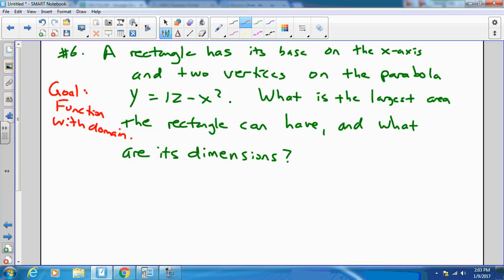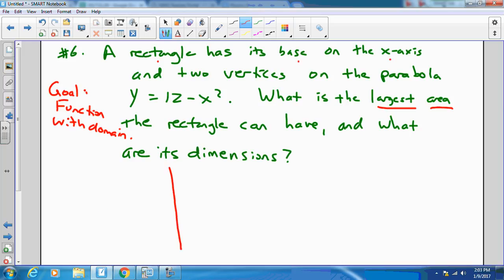And in particular, I can go straight to the function I'm trying to find by looking for some language that has to do with maximum. What language do I see here that says maximum? Largest, that's right. So I'm looking for the largest area. That tells me the function I'm looking for. I'm looking for an area function.